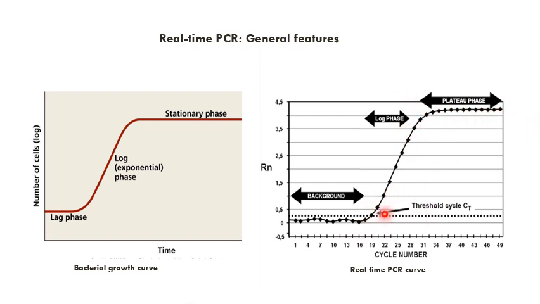You can figure out the threshold cycle, which is the CT, where it meets the curve as the log phase just starts to go to the exponential phase, finishing the lag phase.